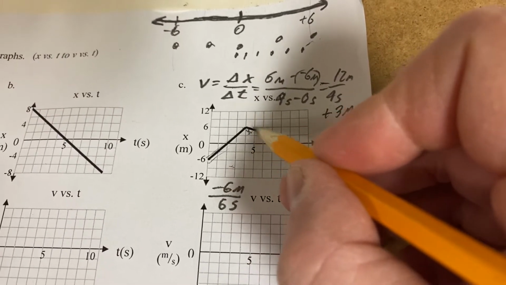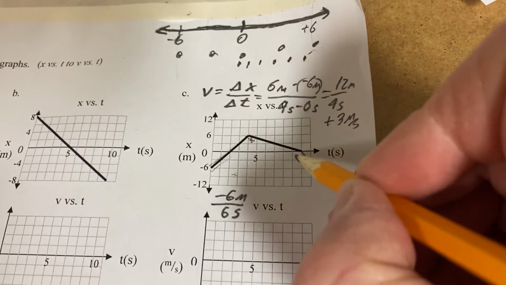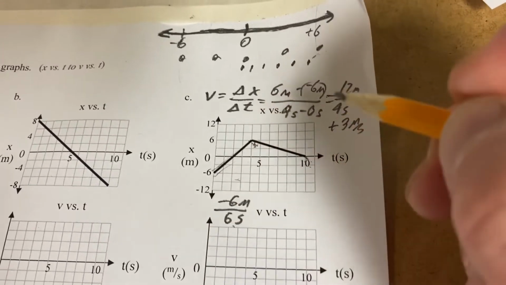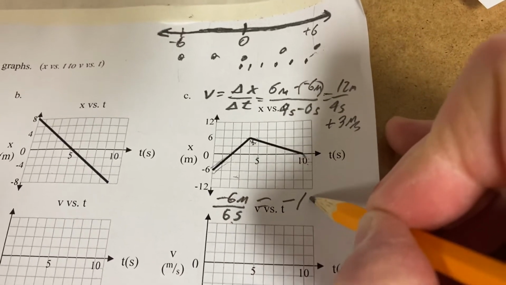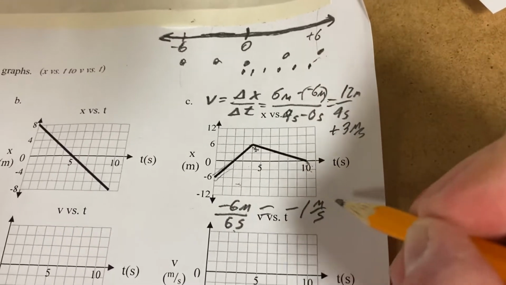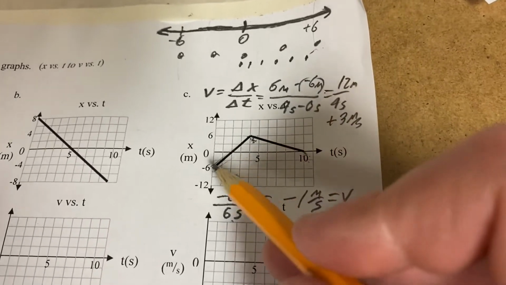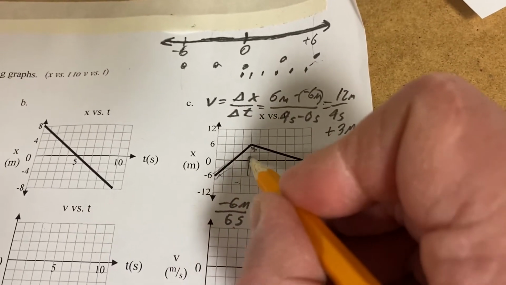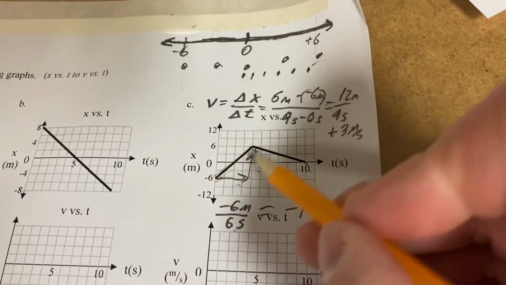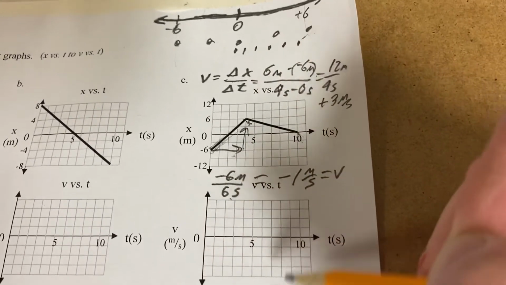If I take 0 minus 6, that's -6, and if I take 10 minus 4, I get 6 seconds, which is clearly a slope of -1 meter per second. So that would be the velocity for the second part. All right, so by mathematically calculating these slopes, by taking the rise and dividing by the run, we can find the numerical value of this slope and then plot it below.